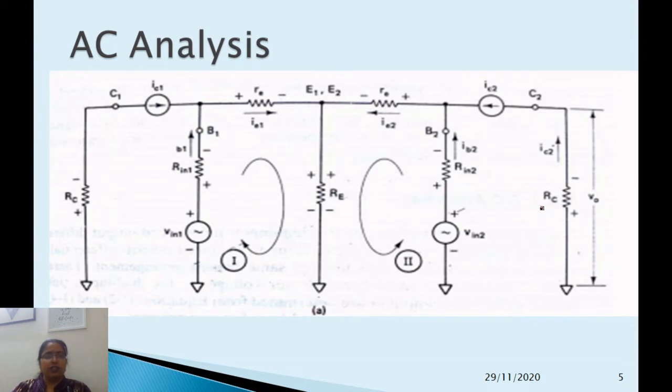So for the AC analysis, as you all know, we reduce the transistor into its T equivalent circuit, the T equivalent model, right?